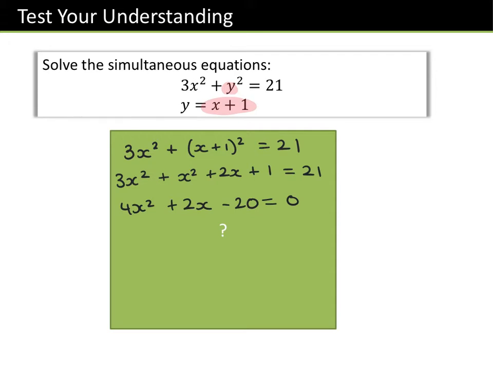So now I'm going to... What am I going to have? 4x and x. Well, I suppose I could divide everything by 2, actually. 2x and x, minus 10, is 5 and 2.